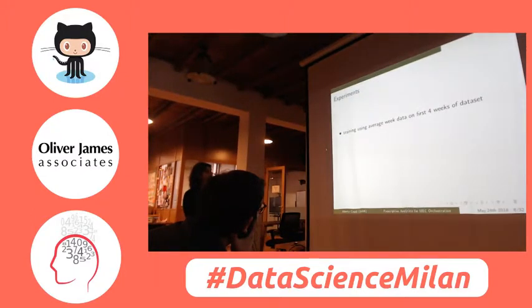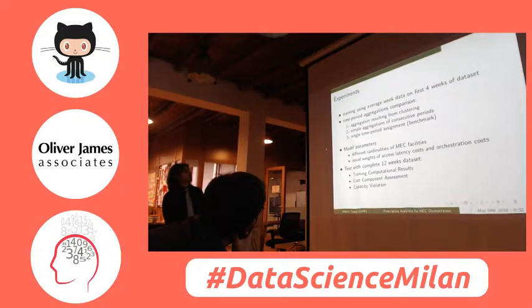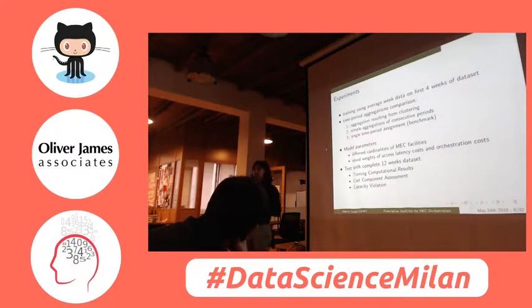So what we did was, let's train. We had these 16 weeks, so we took the first 4 weeks. We performed some aggregation of data over these 4 weeks, and this gave us very simple data about expected demand in each time slot.